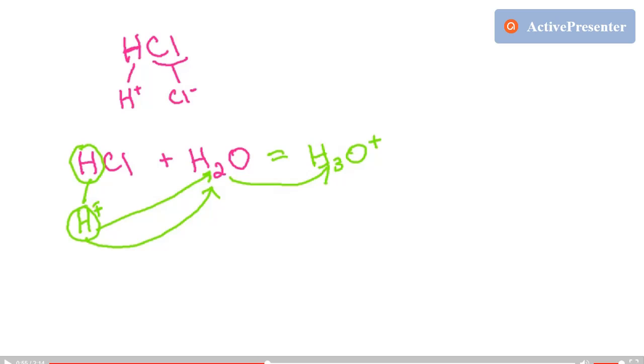But remember, this hydrogen has broken apart. It's an ion, and it has this positive charge. So that positive charge also has to be carried over. So this is called hydronium.